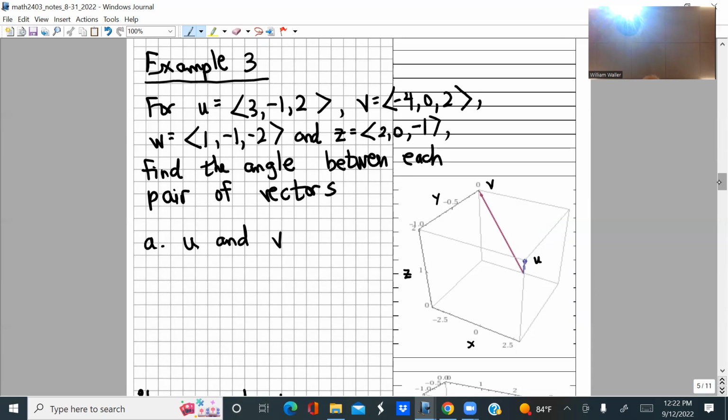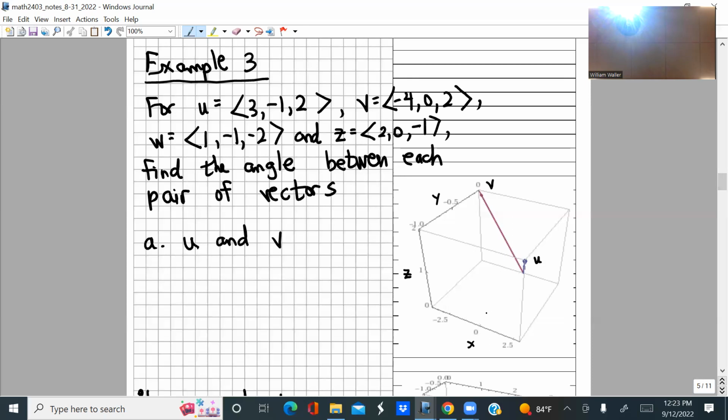-4, 0, and 2. That is 0 on the y-axis by default, because notice our y-axis only goes up to 0. And 0 on the z-axis, no, on the x-axis, right?